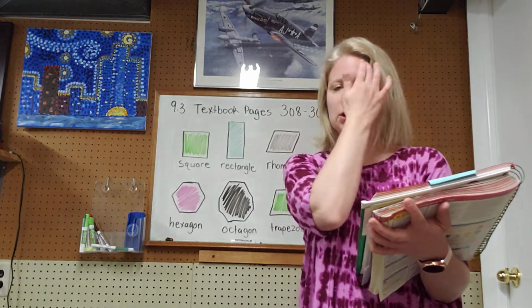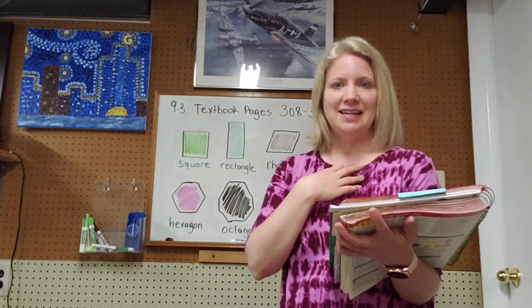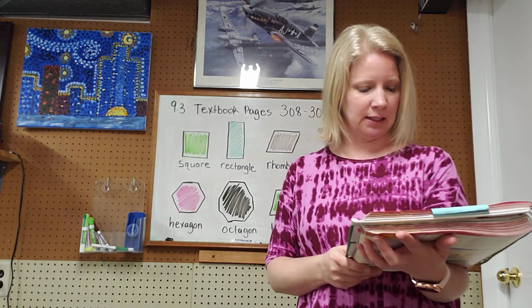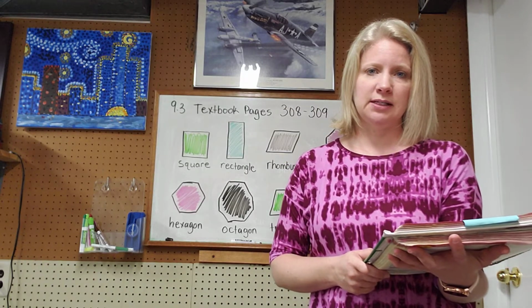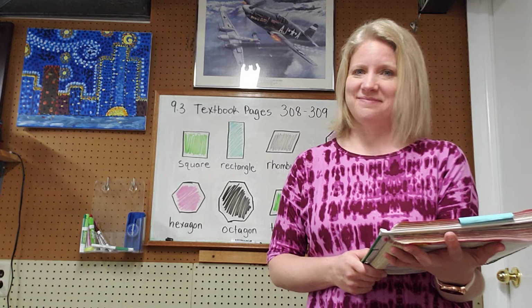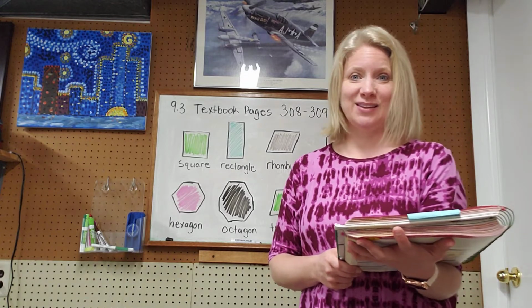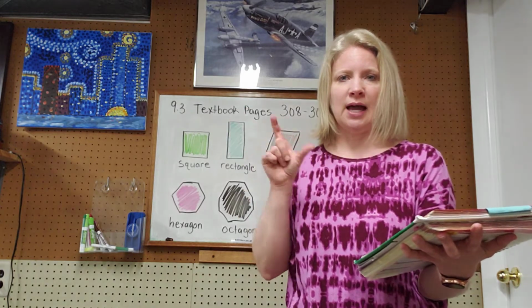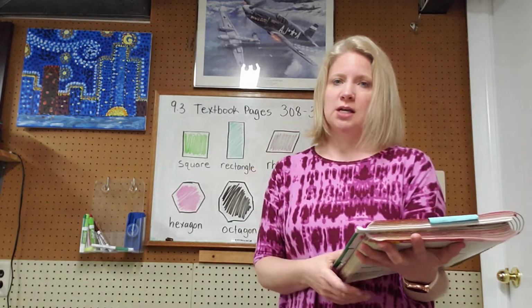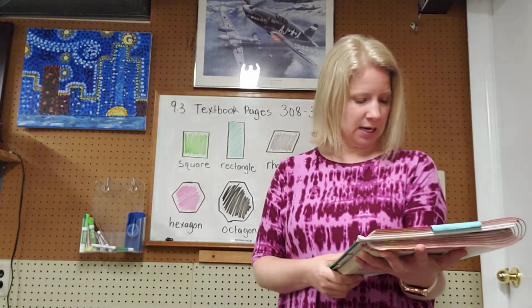Are all the sides closed? Yes, number 6 is a polygon. How about number 7? Do you think number 7 is a polygon? No, it's not closed. There are some lines where there's an open space where the lines do not meet or touch. So number 7 is not a polygon.